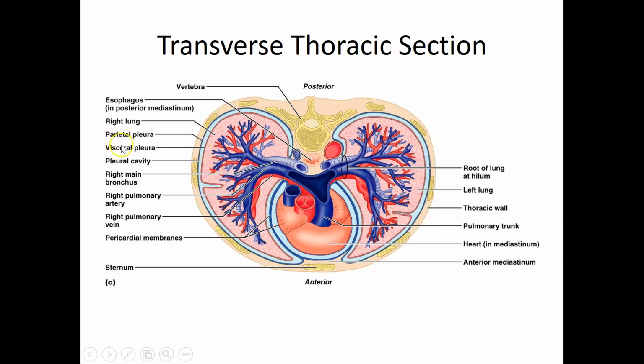The parietal pleural membrane, shown as a blue stripe, adheres to the body wall. That's true for the posterior surface of the lung, the lateral surface, and the anterior surface, but when you get to the medial surface, the parietal pleural membrane is in contact with the pericardial membrane. That's where the lungs come up against the heart.